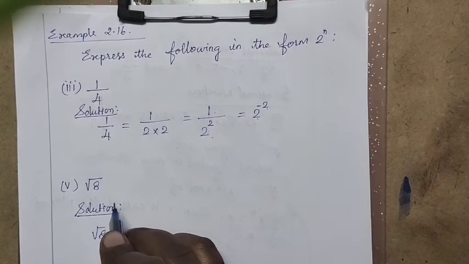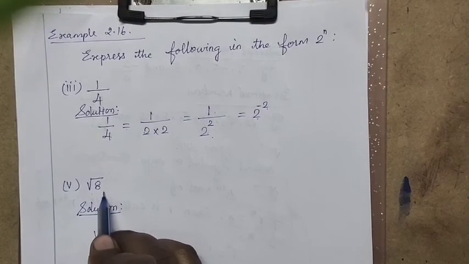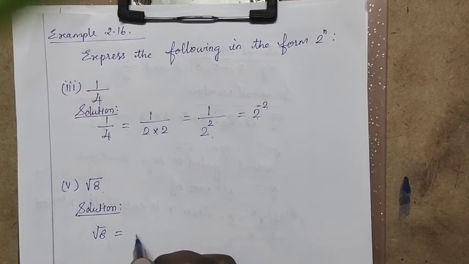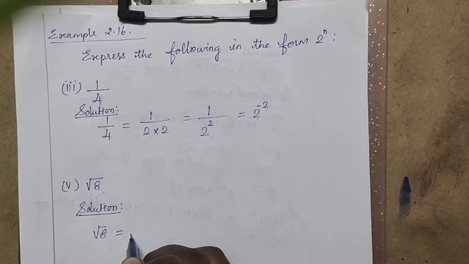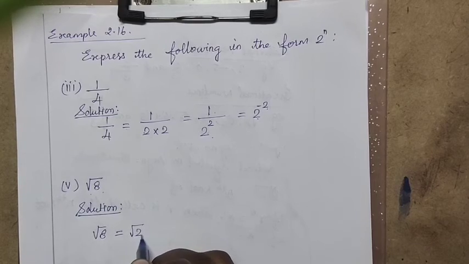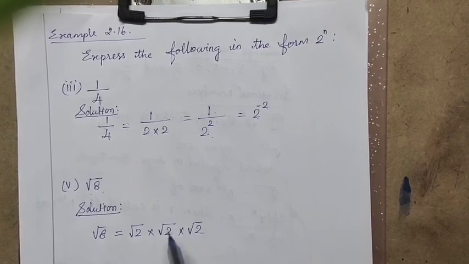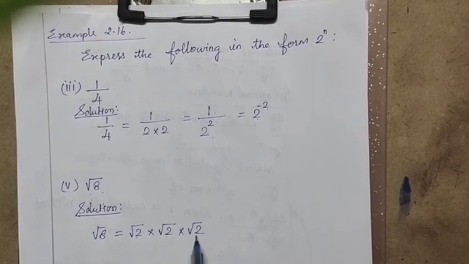Okay, fifth sum, root 8. Solution, root 8 is equal to, how can you change it? Root 2 into root 2 into root 2. If you multiply these three numbers, you will get root 8. Okay, 2 2s are 4, 4 2s are 8. It is in the root.